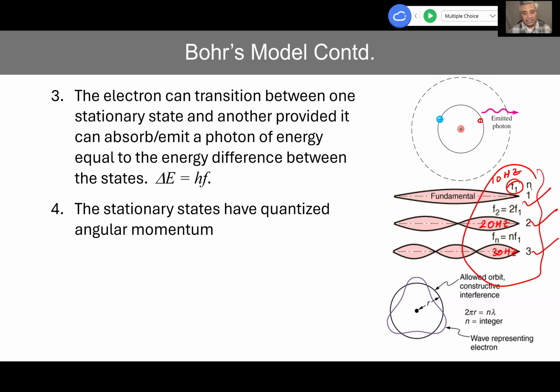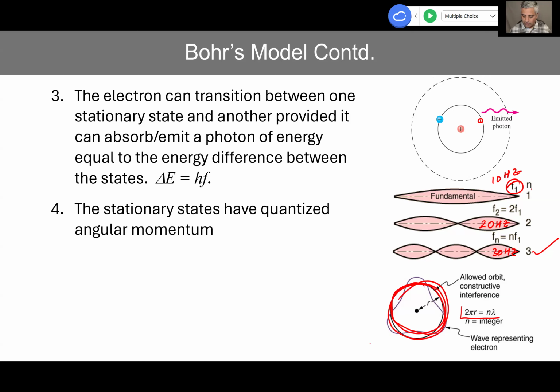So what Bohr does is says, okay, only those stationary orbits. So frequency and certain multiples of those frequencies, let's say not in terms of frequency, but in terms of radius, for example. It can have only that, and that is an integer multiple of the wavelength of the wave. So 2 pi r is the circumference, right?